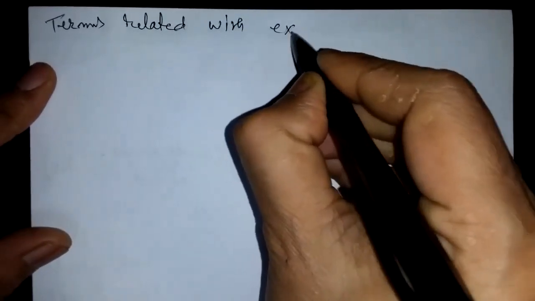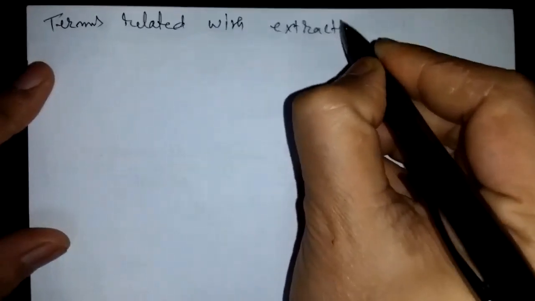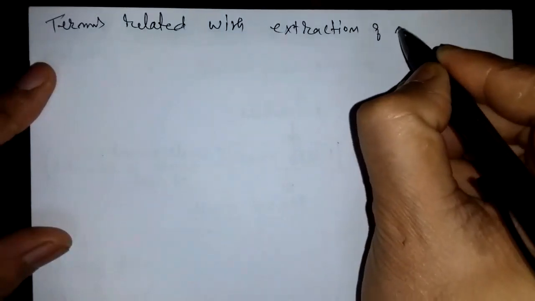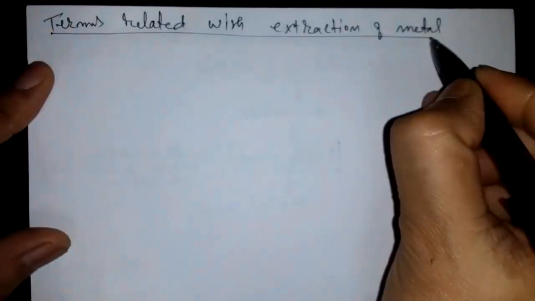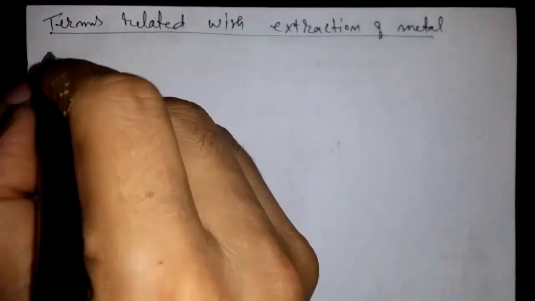Okay, before we discuss metallurgy, we have to know the terms which are used in metallurgy. So we'll be discussing some terms related with extraction of metal. So what terms will we be talking about?